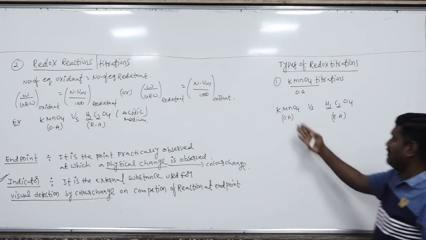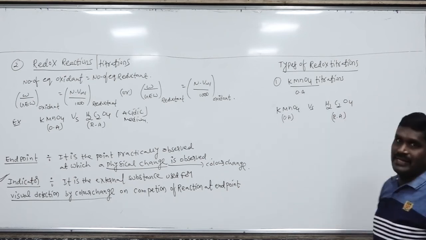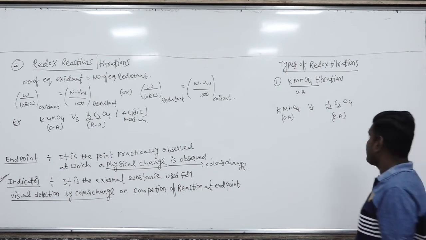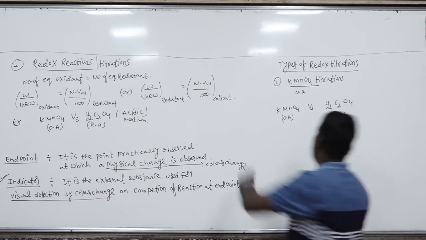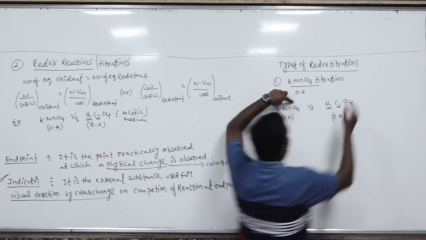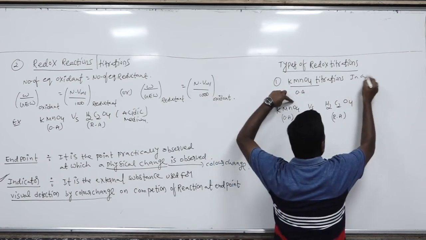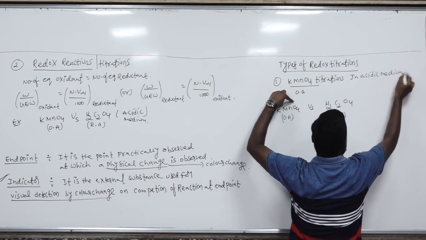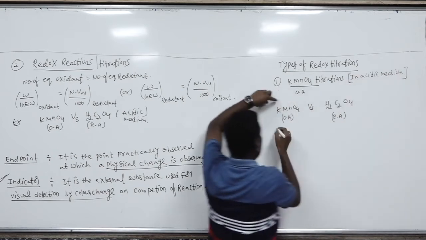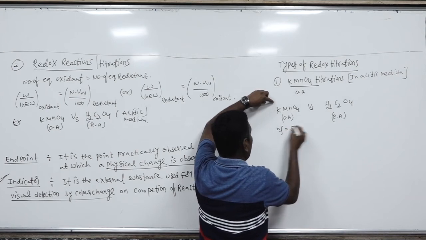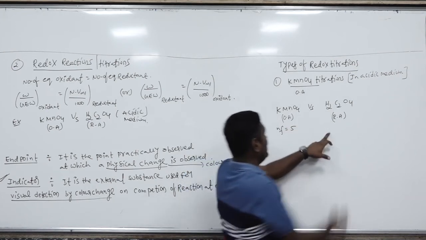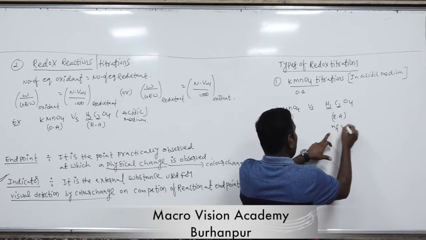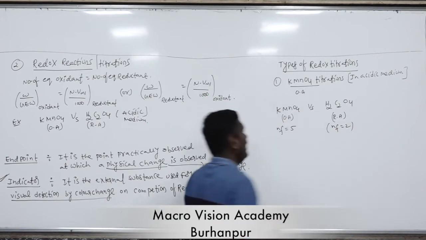Now here, remember, we know the n factor of potassium permanganate in acidic medium, which is 5. Oxalic acid n factor we know, which is equal to 2. We know calculation of n factors.